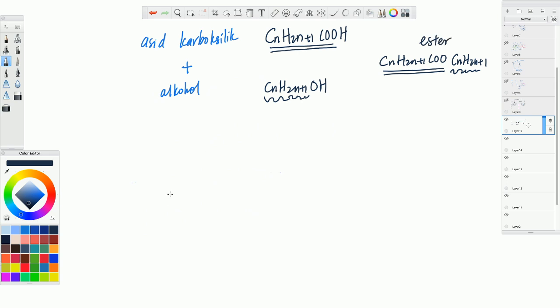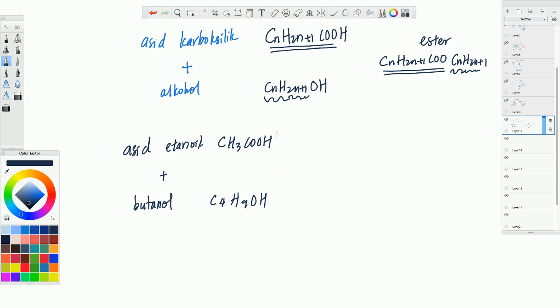So for example, if it is ethanoic acid together with butanol. Okay, so ethanoic acid is CH3COOH. Butanol is C4H9OH. So how do we draw this?